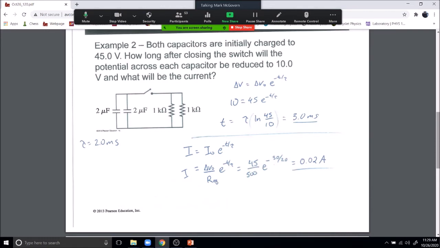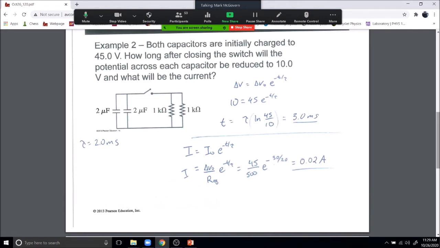Now, if I made them series and told you that, the answer wouldn't be 45. If the capacitors were in series and both initially charged at 45 volts, you'd be putting 90 in here because in series the potentials add up. But this is a parallel thing, so they have the same potential difference, 45.